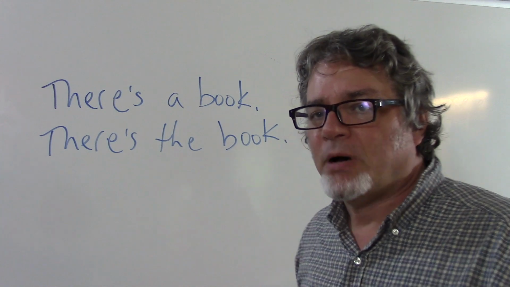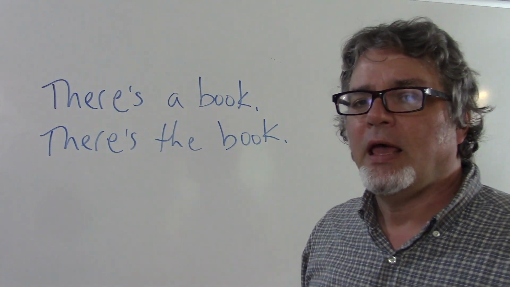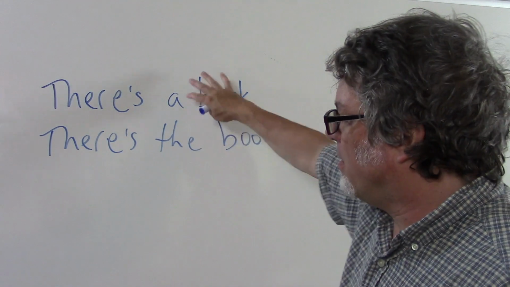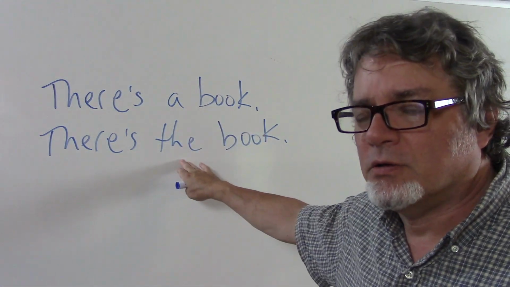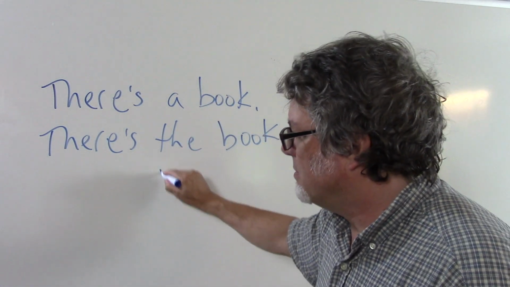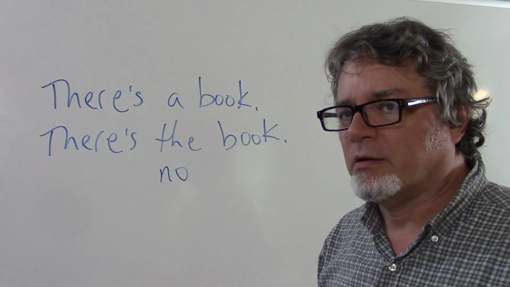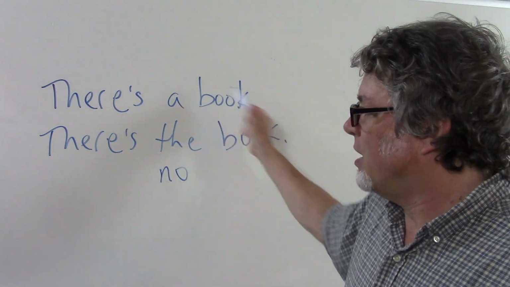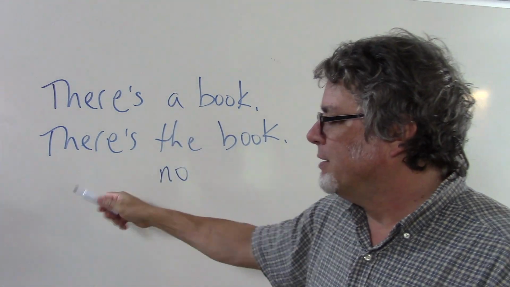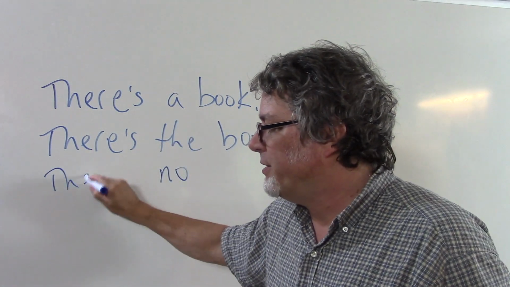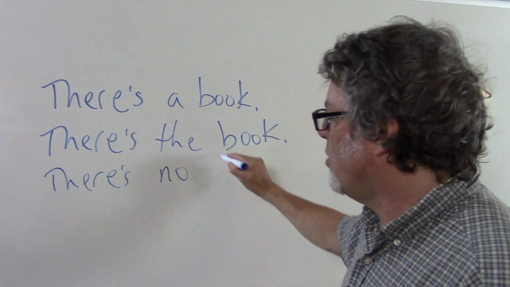One way of thinking about the word no is as you think of articles, a and the. You could also think of no like an article. There's a book, there's the book, or you could say there's no book.